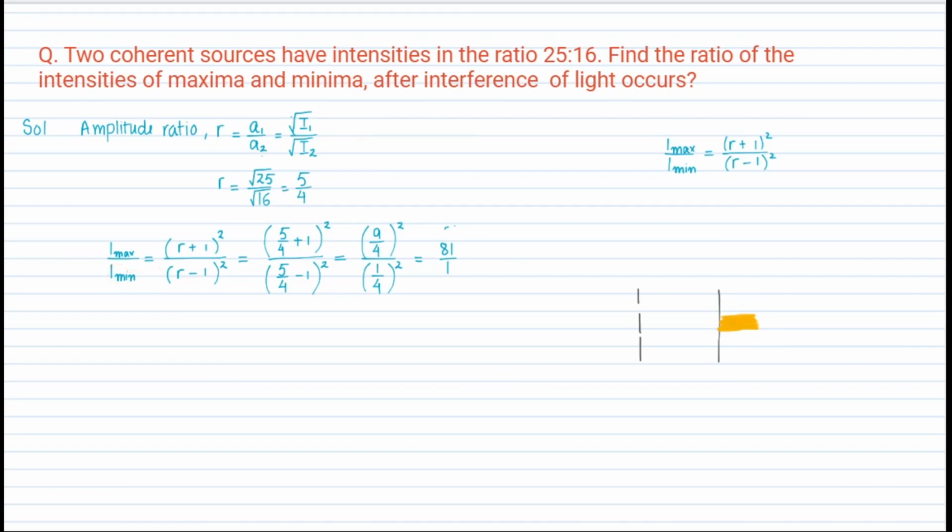At minima you will have a very small intensity, so it will be almost dark. Can you see? It has an intensity of 1. So 1 is very small as compared to this one, isn't it? So it will appear almost dark as compared to the intensity of the maxima. In this similar manner, you will get the ratio of the maxima and minima. Here the intensity will be 81 times the intensity of your minimum.